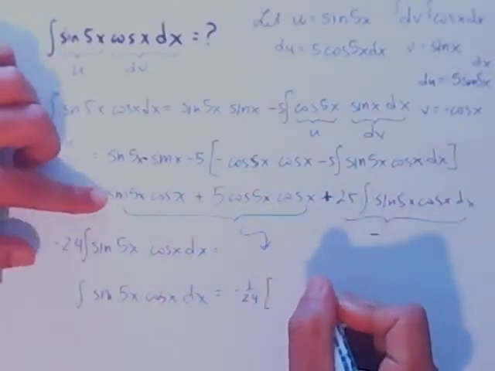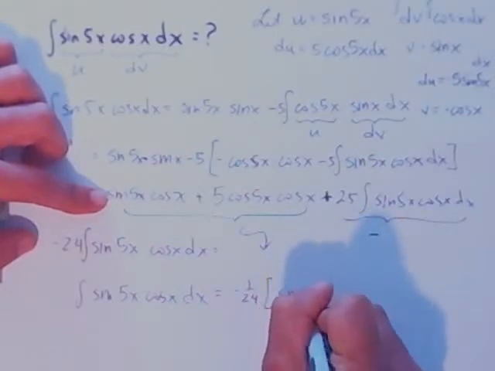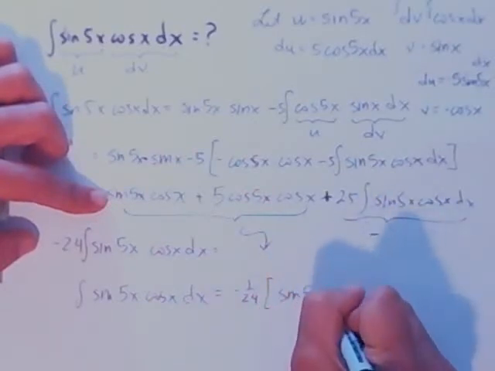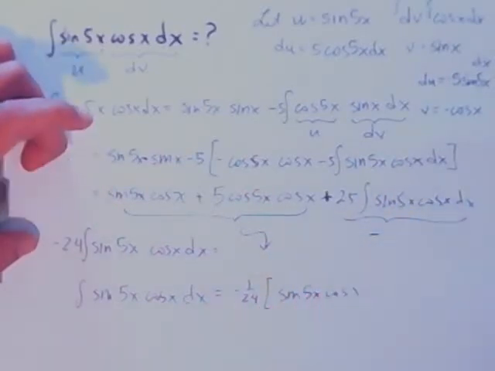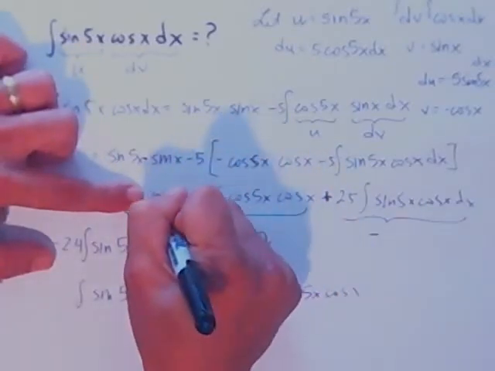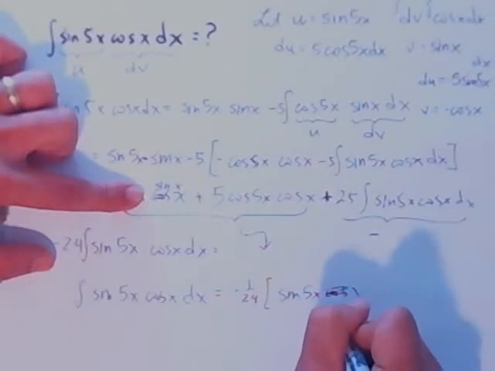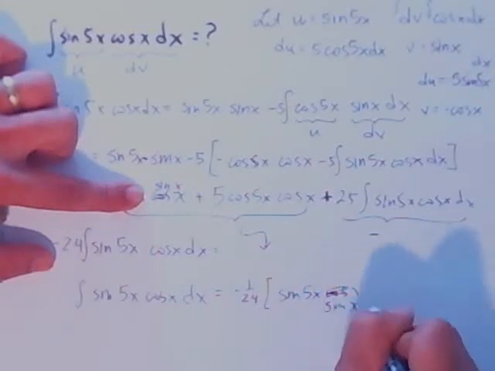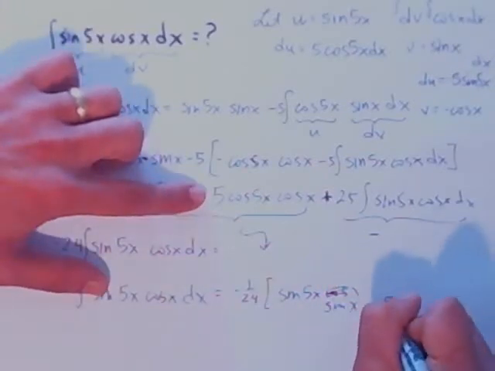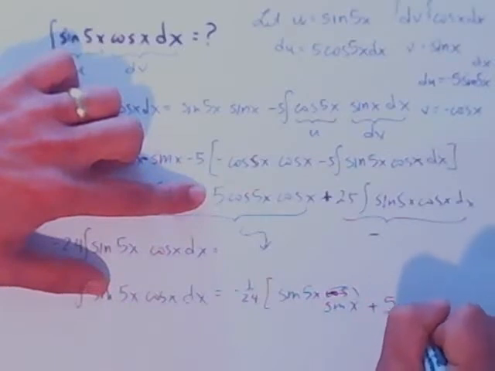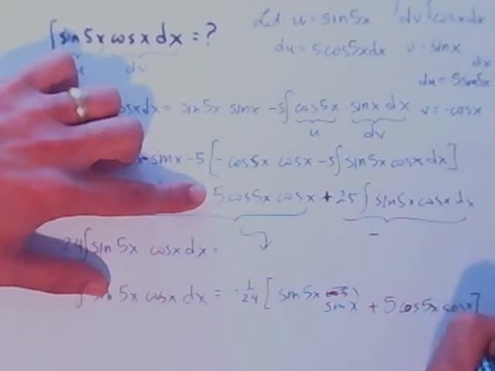It should have been sine of x right over here. So it should have actually been sine of 5x, sine of x, plus 5 times cosine of 5x times the cosine of x.